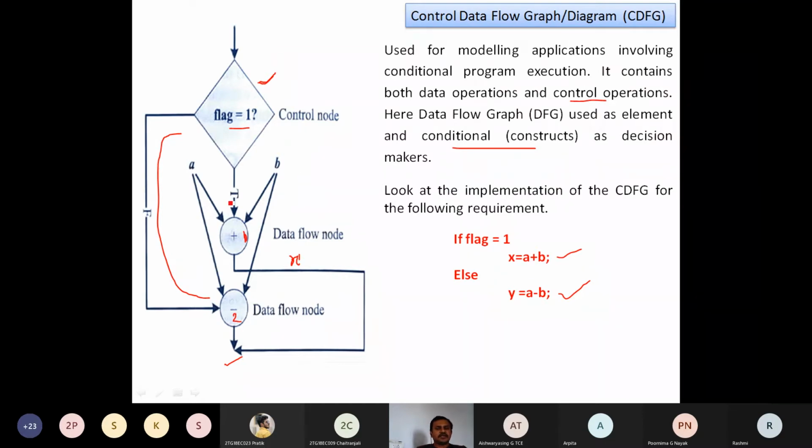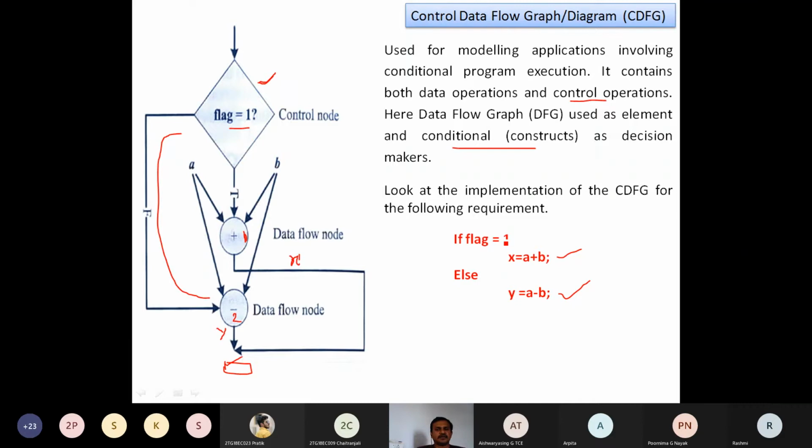The same a and b data are used for this circle also for the subtraction operation. The output from this one is y. And after the processing of y equal to a minus b, the process ends here. So this is the simple graphical model for conditional operations.